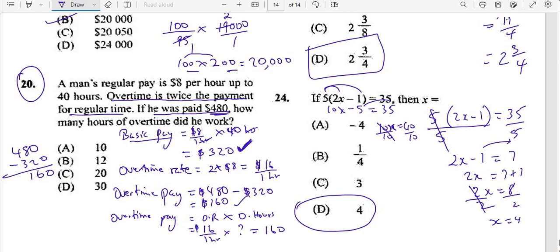So 16 times what will give us 160? Has to be 10. All right, so that's the overtime hours. He worked 10 hours overtime. Think about it. And he's getting $16 for each of those hours. And 16 times 10 will give you 160. All right, so 10 is the answer. Or you could just simply divide 160 by the 16 he gets per hour, and that will also give you the correct solution there of 10.